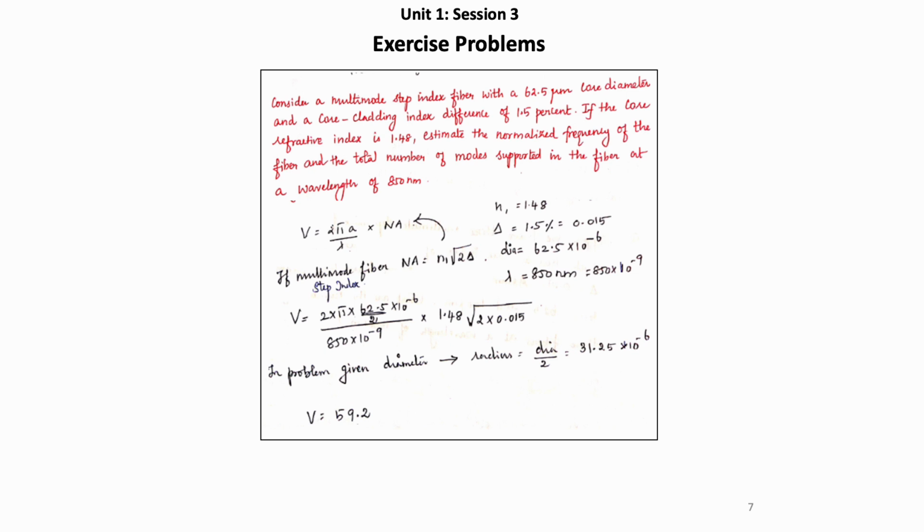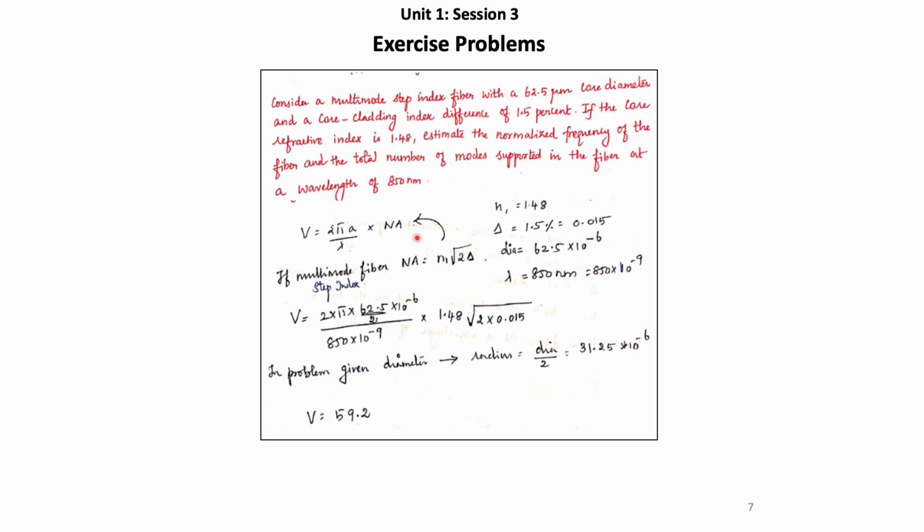Only the wavelength is given directly, that is 850 nanometer, but the radius they have given in terms of diameter. So we need to convert it into radius, that is divide by 2: 62.5 micrometer divided by 2 gives the value of a. For numerical aperture we know the formula, n1 into square root of 2 delta.